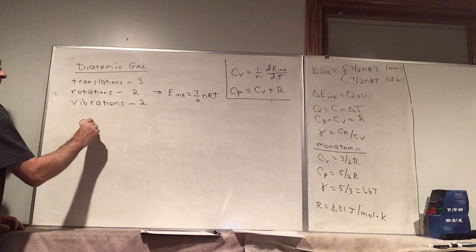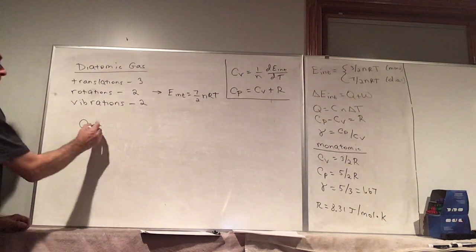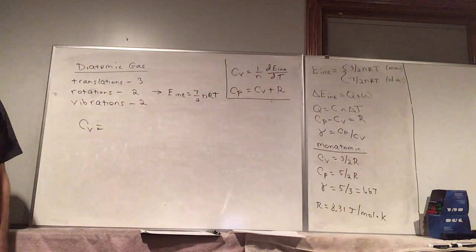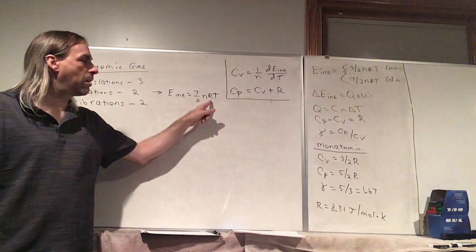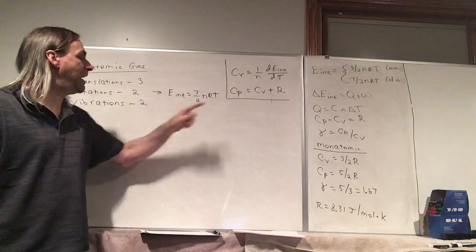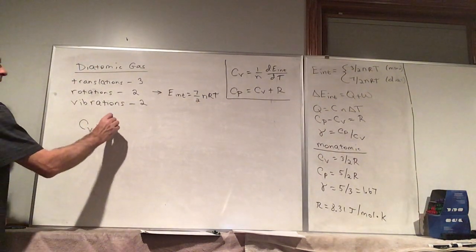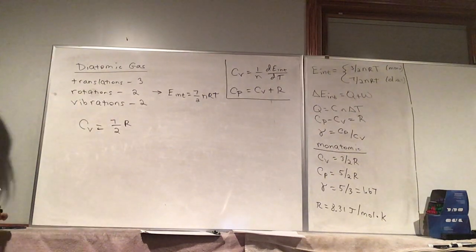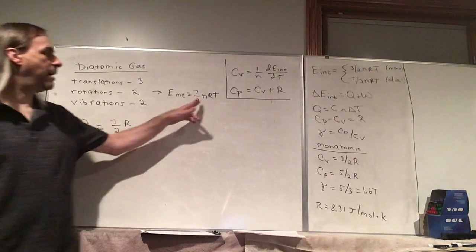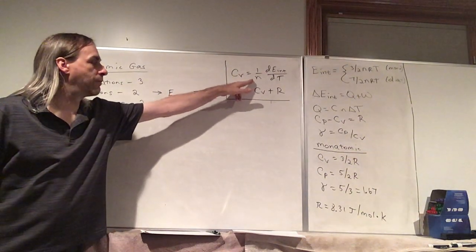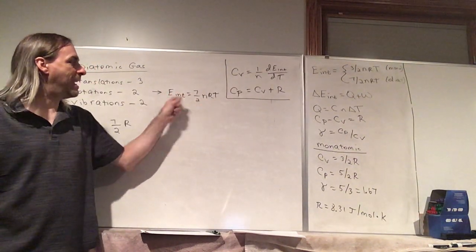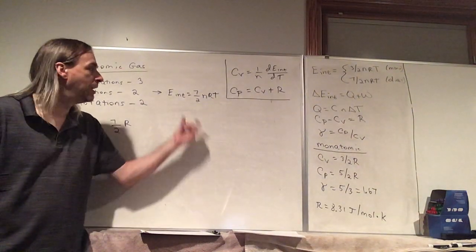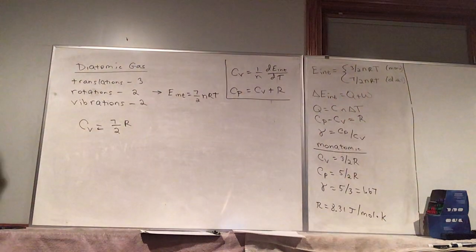So CV, so 1 over n, we'll just cancel out that n. And again, 7/2 and R are constant. So when we take the derivative of this, we're going to get 7/2 R. So basically, the n is canceled out by the 1 over n here. And we're taking the derivative. So the derivative of T with respect to T is 1. So we're left with 7/2 R.